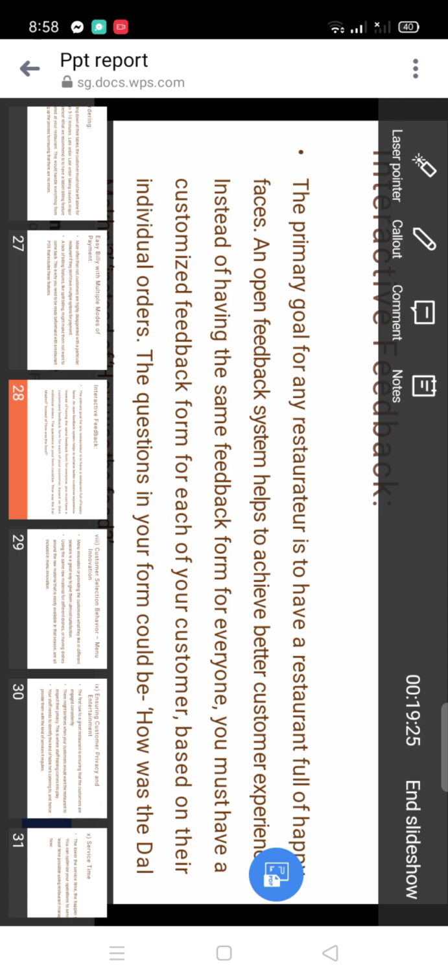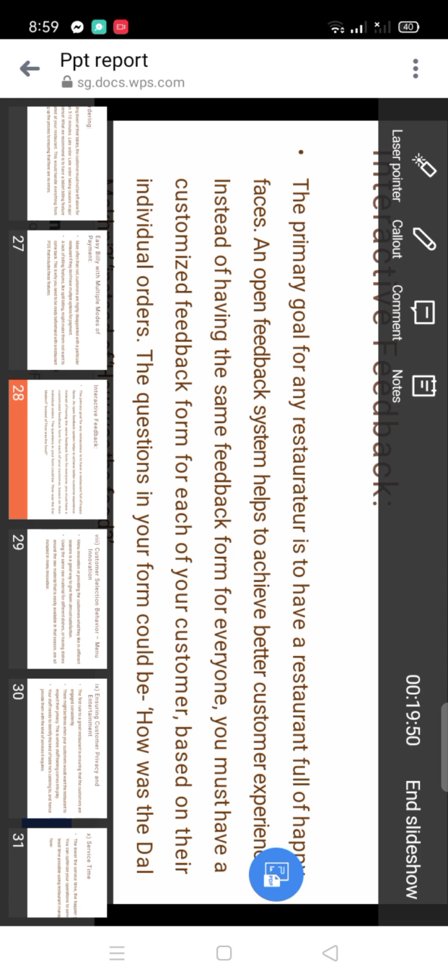Interactive feedback. The primary goal for any restaurateur is to have a restaurant full of happy faces. An open feedback system helps to achieve a better customer experience instead of having the same feedback form for everyone.